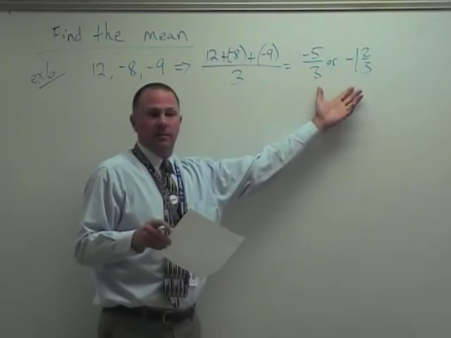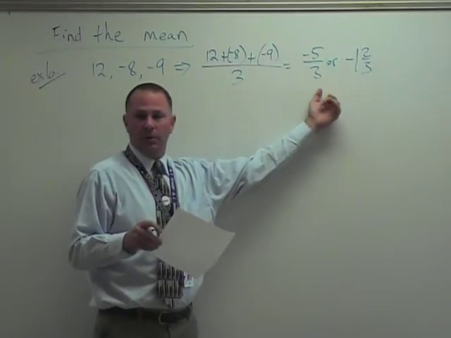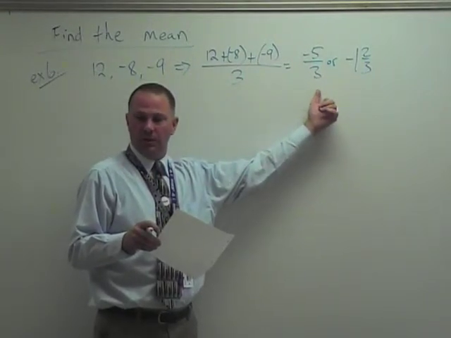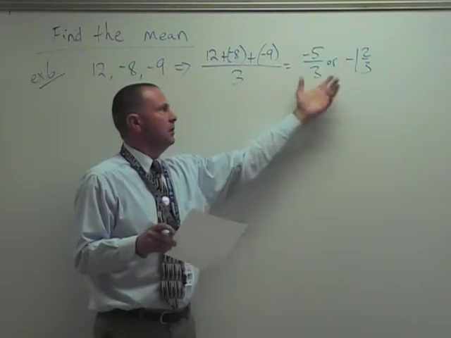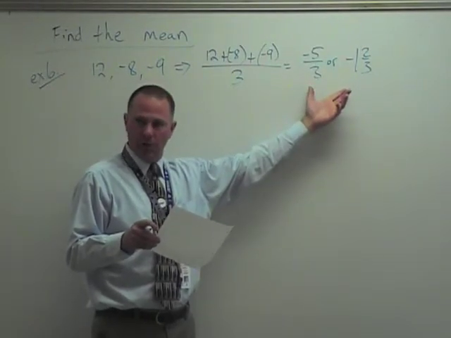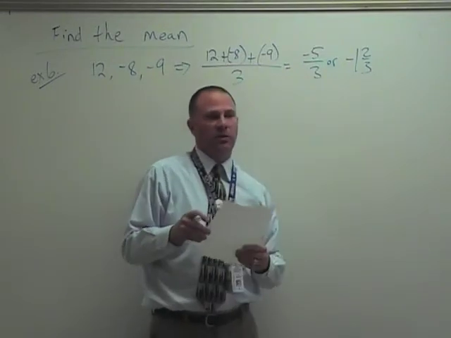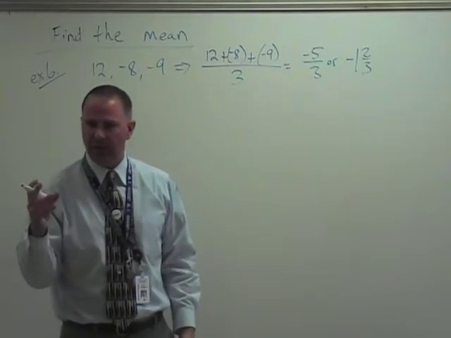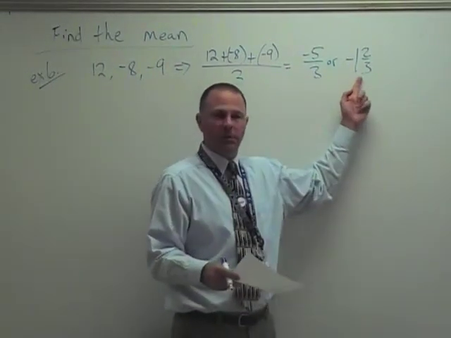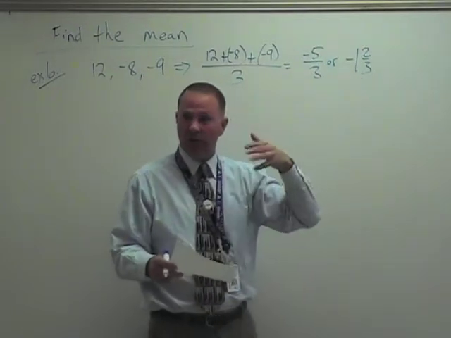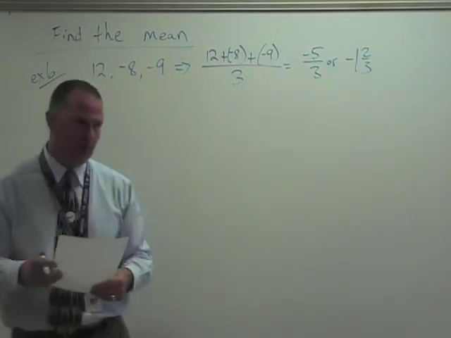I'd like to see this both ways. I will not count it wrong if you left it reduced like this, but you should go ahead and show both. Remember I told you, when it's an improper fraction, sometimes it's hard to really understand the value until it's made into a mixed number. Once it's made into a mixed number, you got a clue about what that value is.